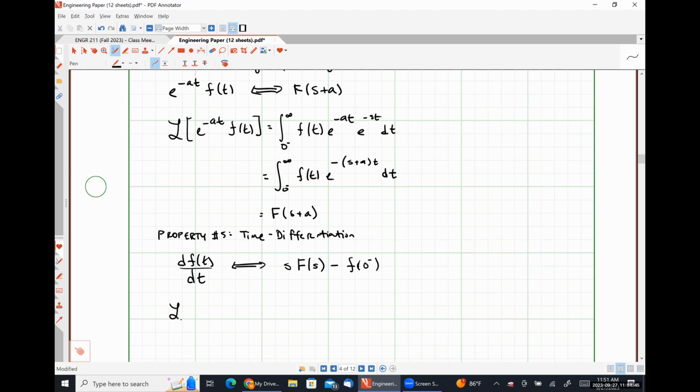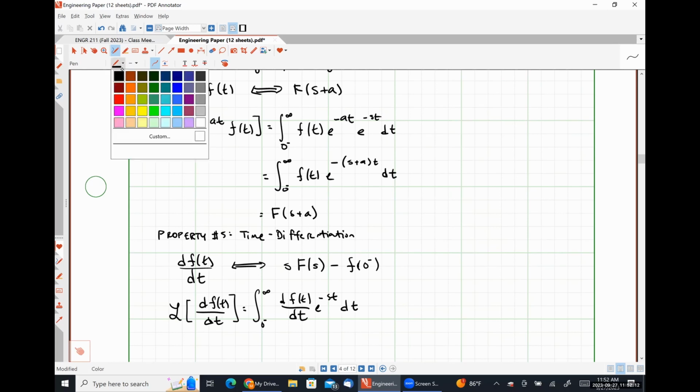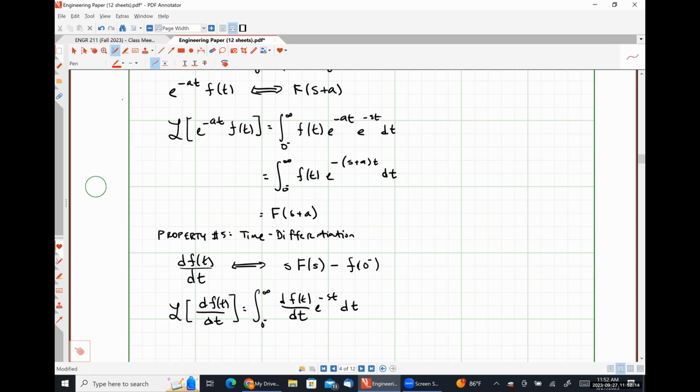Proving this, the Laplace transform of the derivative of f of t with respect to time will be the integral from 0 minus to infinity of the derivative of f of t with respect to time, e to the negative st dt. I'm going to do integration by parts here.